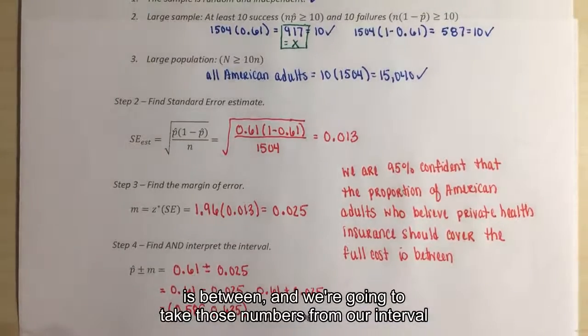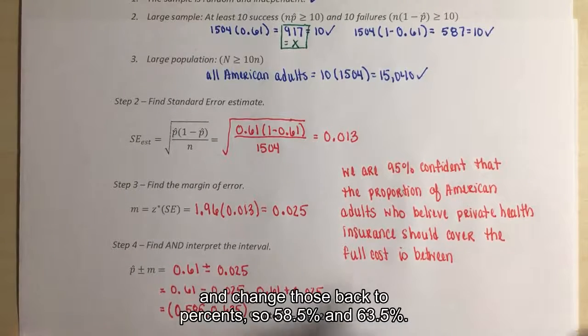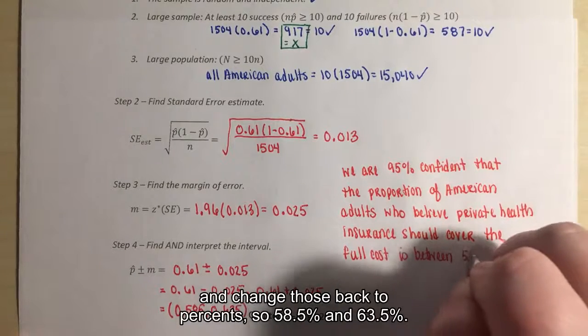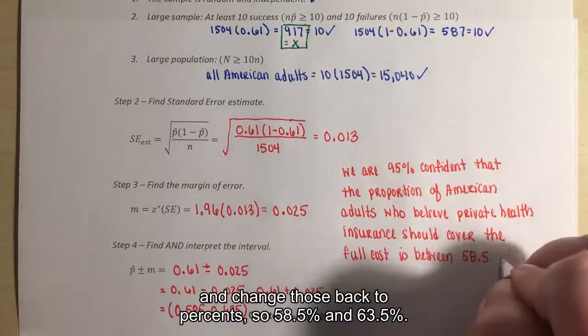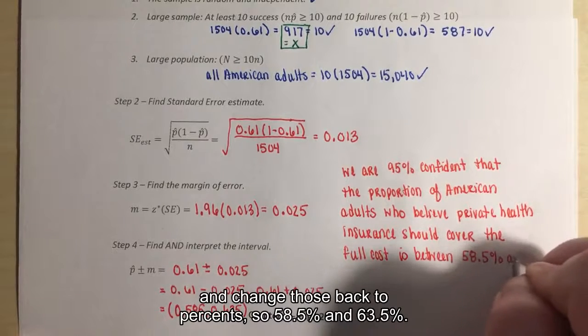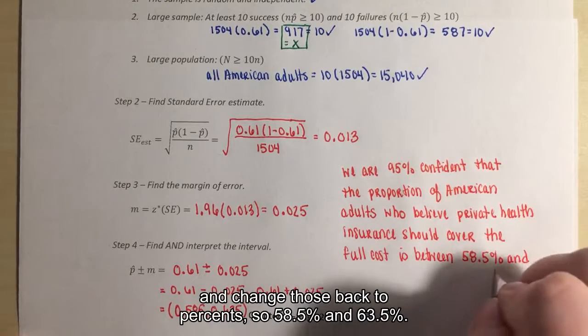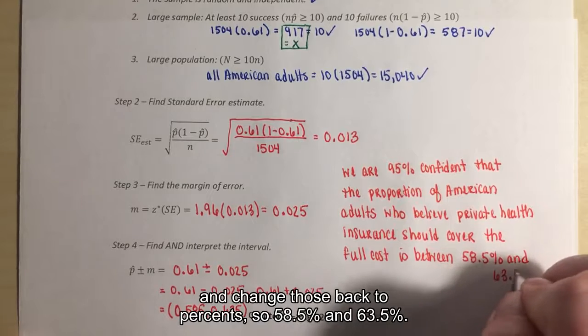Right, we're going to take those numbers from our interval and change those back to percents. So 58.5% and 63.5%.